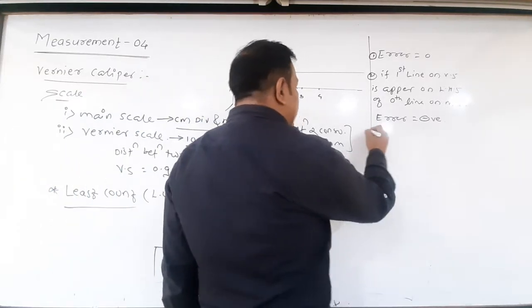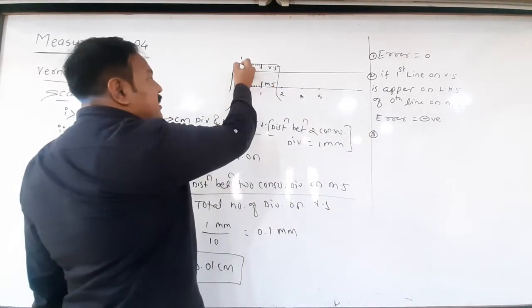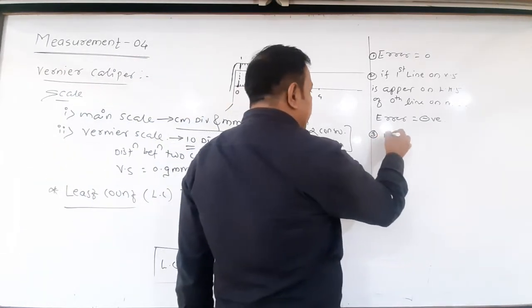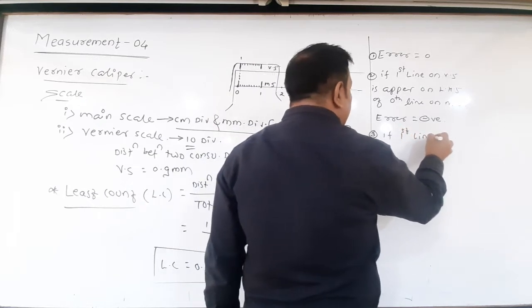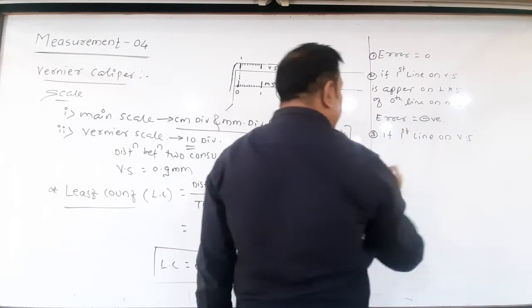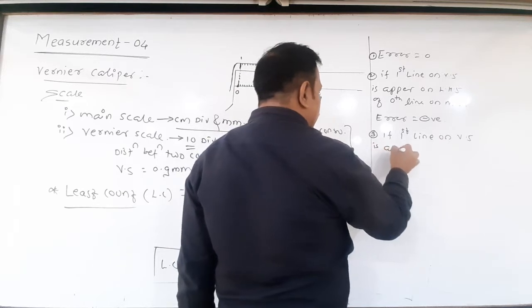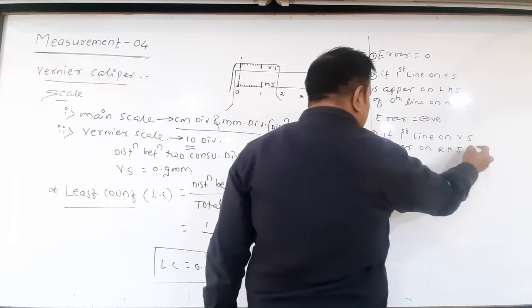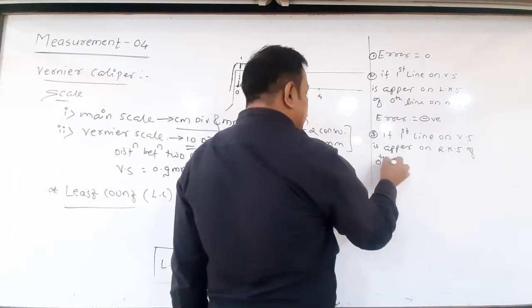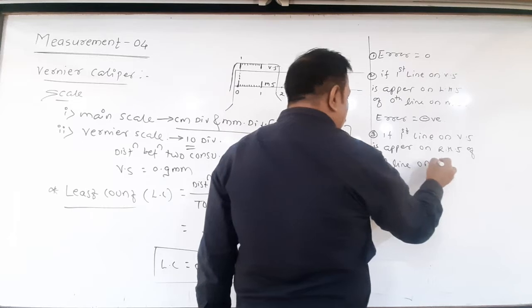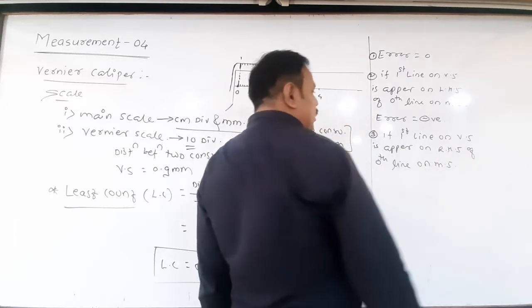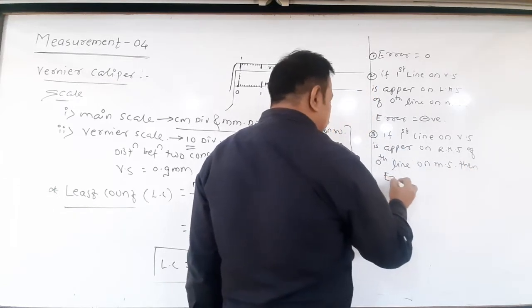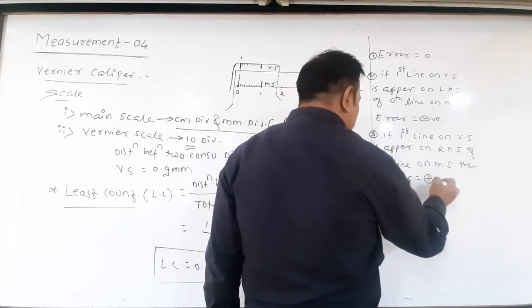And second one, if the first line on the vernier scale appears on the right hand side of the 0th line of the main scale, then error is positive.